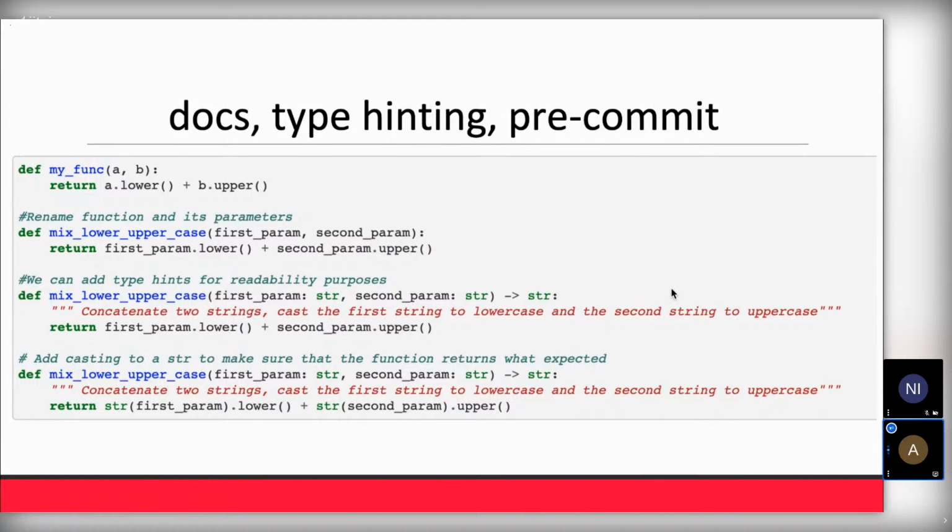In this case, you say, okay, I'm expecting the first parameter to be a string, so I can call lower on it, because if it were an integer, it doesn't have a lower method, and you will get an error, so your code will be broken. So type hinting is actually defining what Python objects you're using and what your function is expected to return.